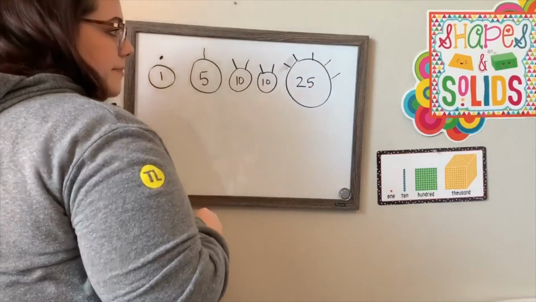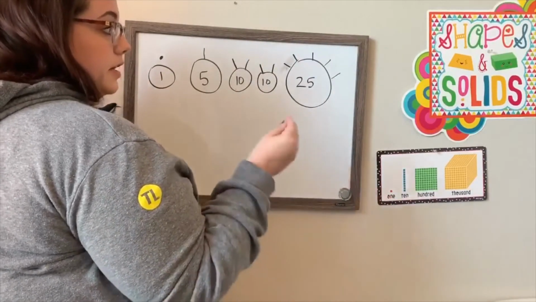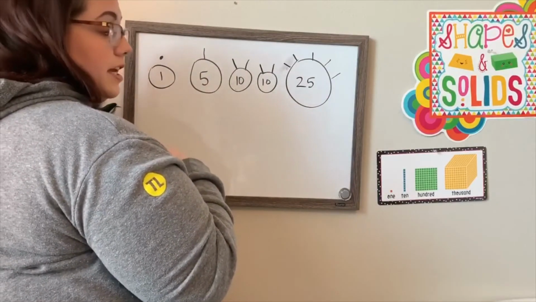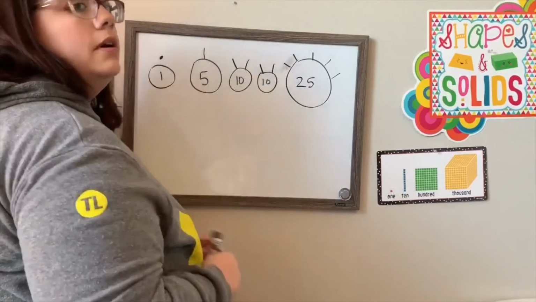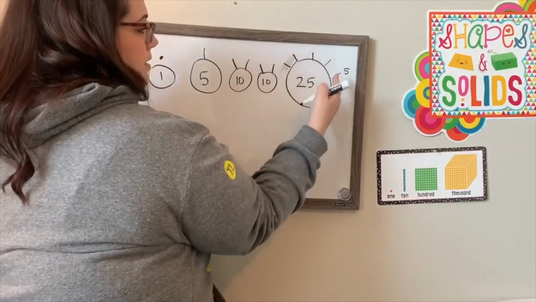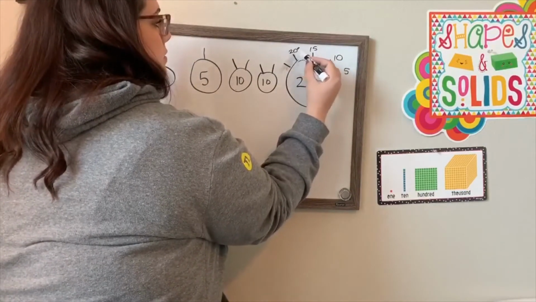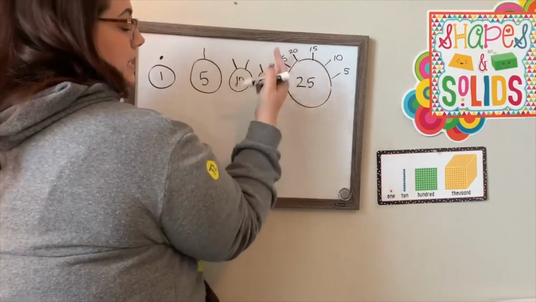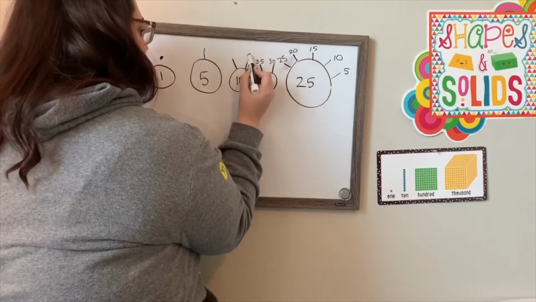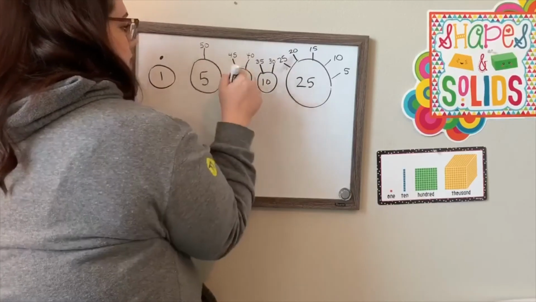Now to count this, I'm going to start from the same direction I did the other problem. I'm going to go from biggest to smallest because I think it's easier. However, if you think of a different strategy you want to use, you are more than welcome to do that. So here we go. 5, because my hairs are 5s. 5, 10, 15, 20, 25, counting on from 25, 30, 35, counting on, 40, 45, 50, because we're still counting on.